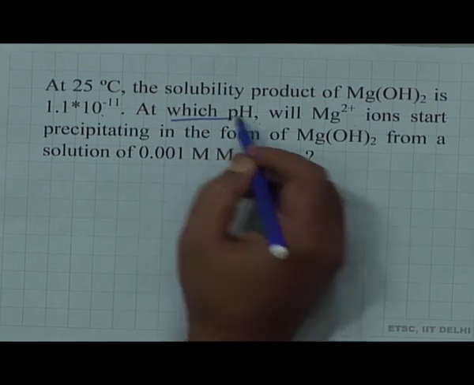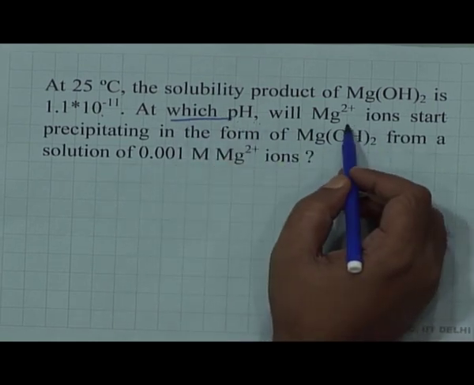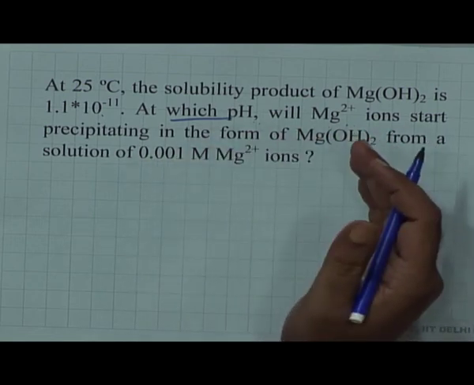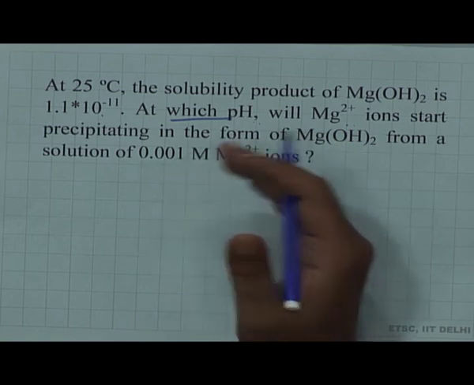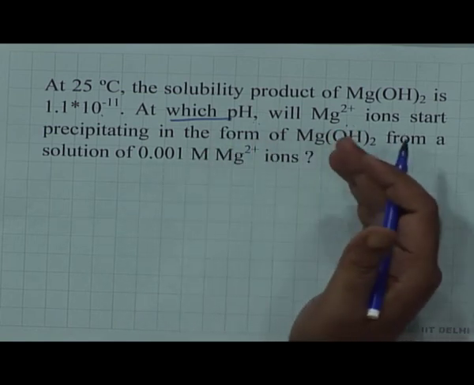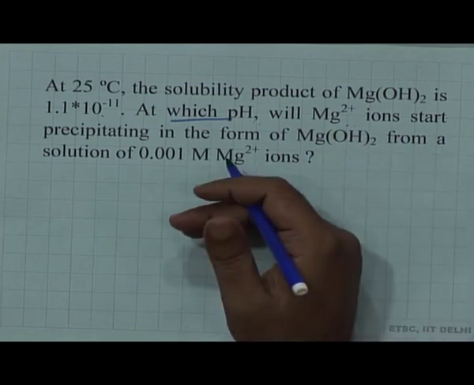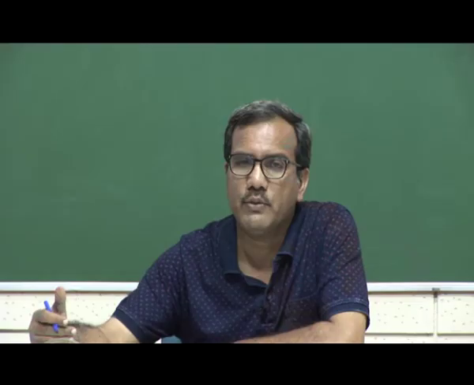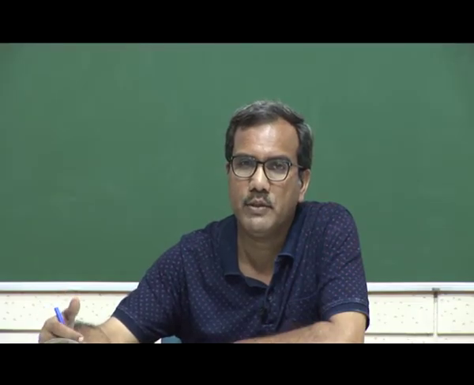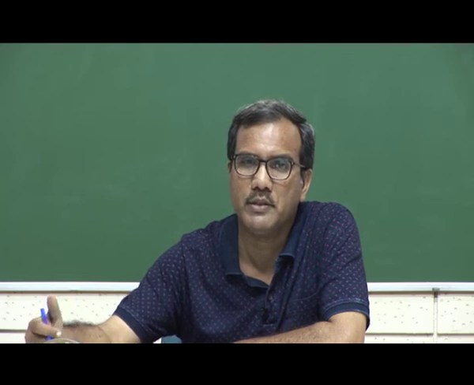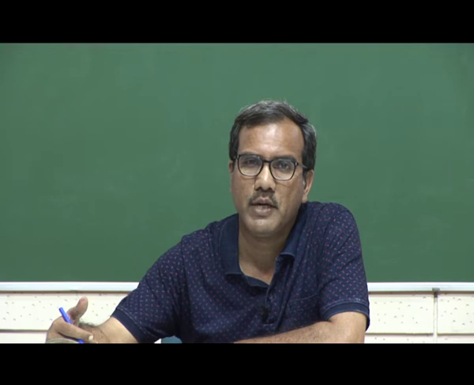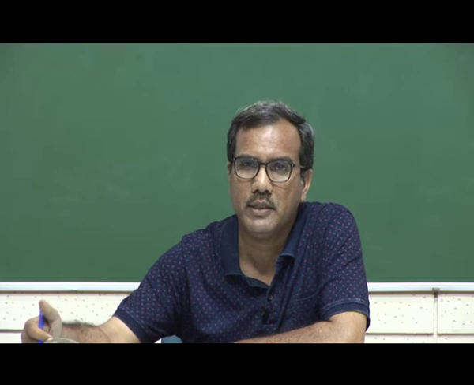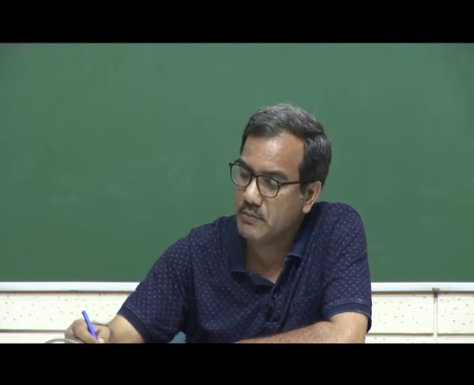At what pH will your Mg2 plus ion precipitate out? pH is going from acidic to alkaline, so OH minus ion is increasing, and you have to tell at what OH minus ion concentration you are going to get precipitate, and since you know OH minus ion concentration, you will be able to tell at what pH precipitation will begin.